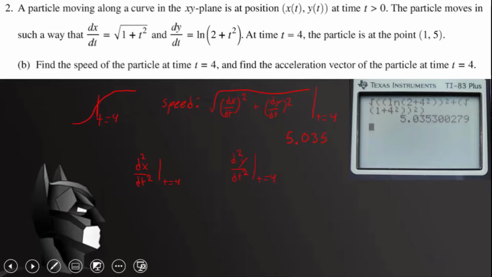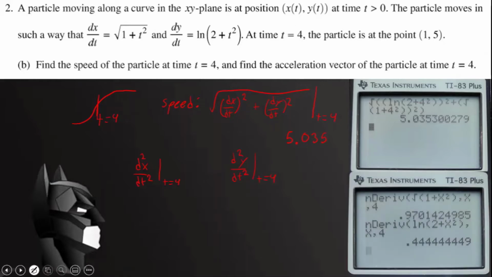So we plug that into the Bat computer again, and we write that in acceleration vector notation. So we get 0.970 and 0.444.